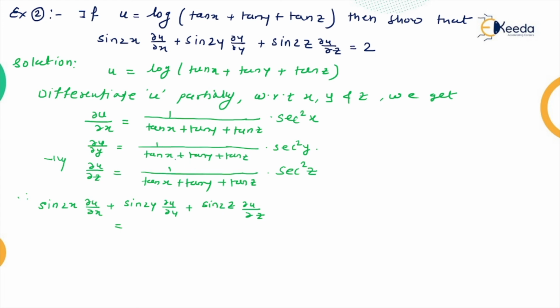Check the denominator. The denominator is common for all of them, so I am taking the common denominator, tan x plus tan y plus tan z.